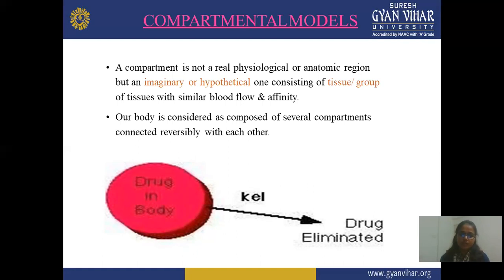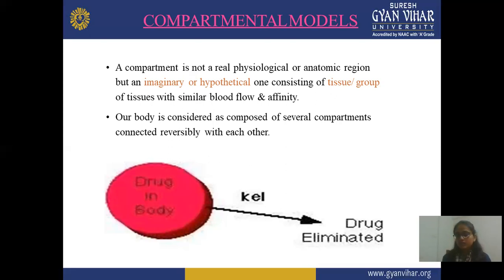You consider a particular group of tissues of your body having a similar affinity, such as blood flow or affinity of a drug to that particular tissue. And our body is considered as composed of several compartments connected reversibly with each other. So there are different compartments in your body. You should know that kidney, lungs, liver, and these are interconnected to each other.